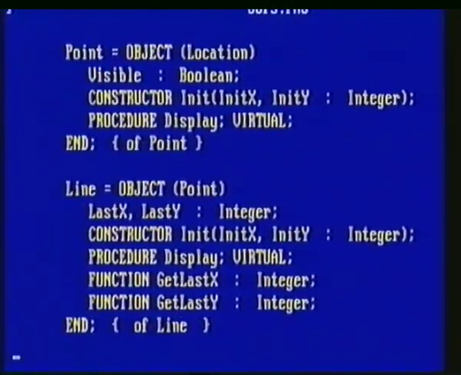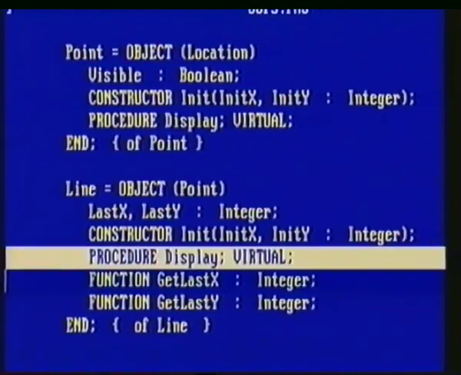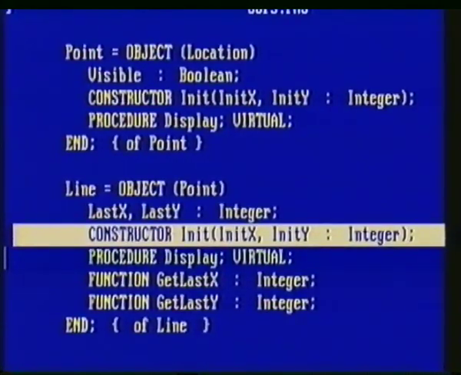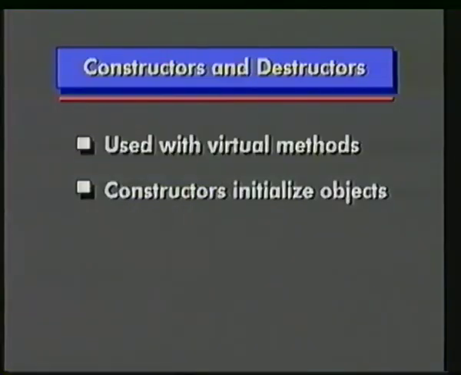The first thing to notice is the reserved word virtual used with the procedure display. This tells the compiler that it should not associate calls to this procedure with any particular block of code until the program is running. You might have also noticed the presence of another new reserved word, constructor. This is very important because every object that has virtual methods must have a constructor. A constructor is a special procedure that initializes an object before it's used.